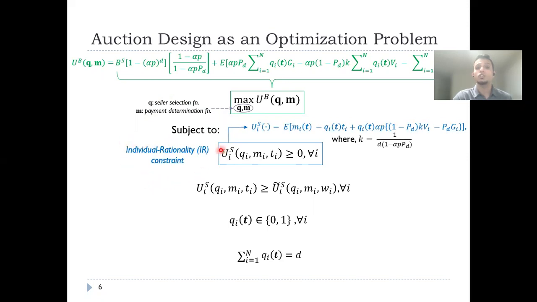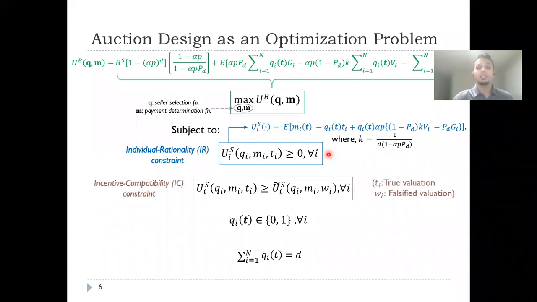The first one is the individual rationality constraint. It says the buyer cannot force the seller to participate in the auction. If the seller does not participate, the expected utility of the seller will essentially be 0. So that's why we have considered that it has to be greater than or equal to 0 for all sellers.